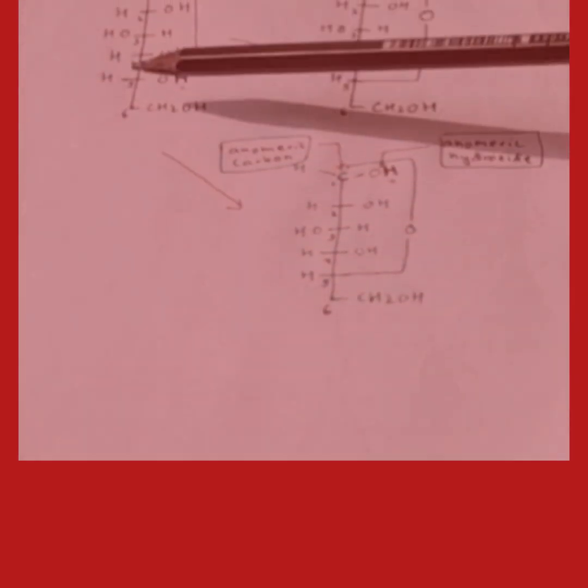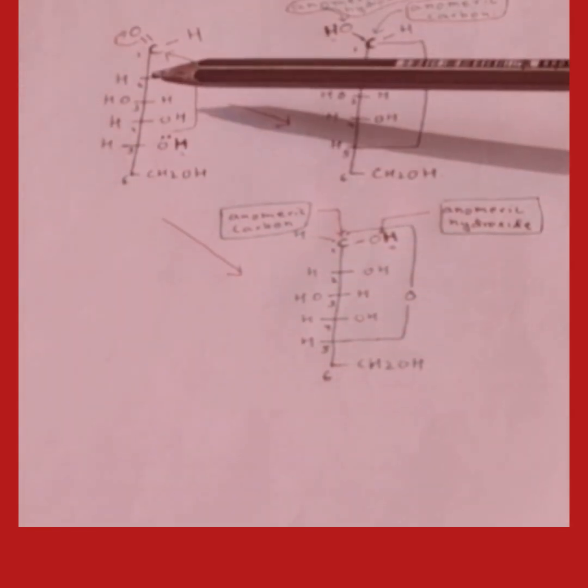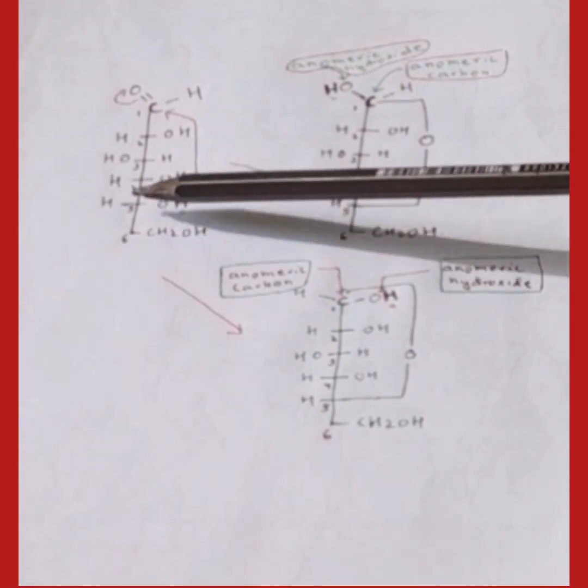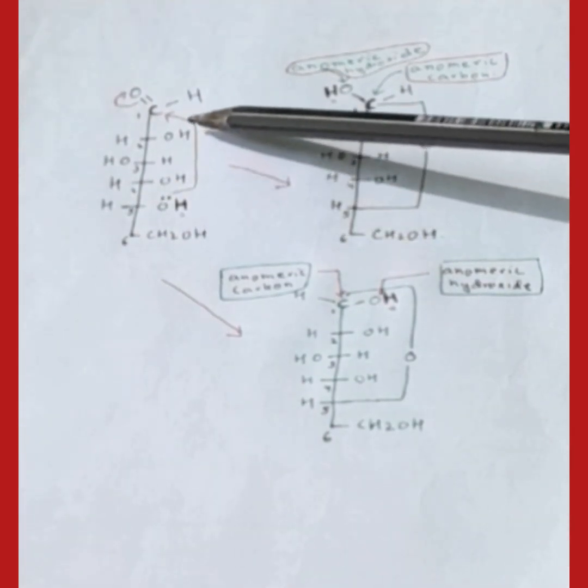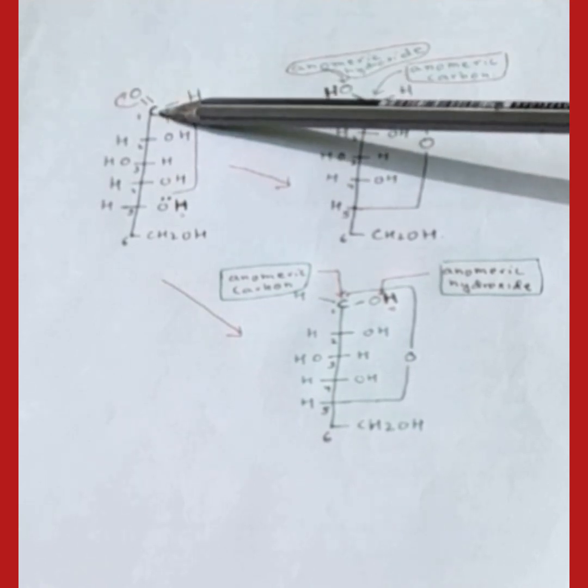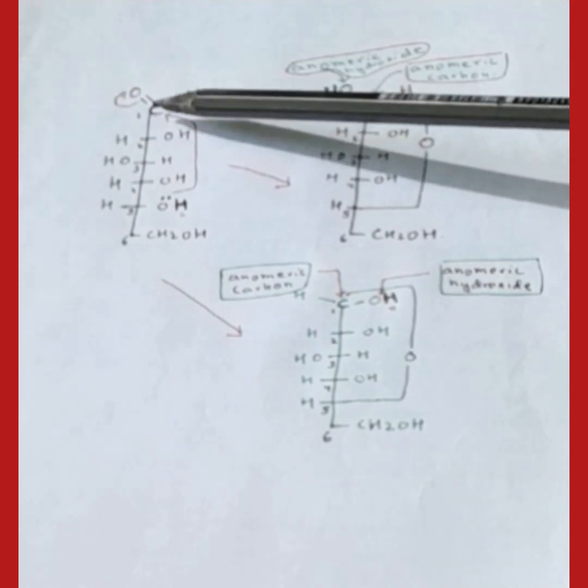Now what happens is, when we observe this glucose, this is an open chain structure, that is Fischer's open chain structure. The hydroxyl OH, which is present on the 5th carbon, does a nucleophilic attack on this carbon of the carbonyl group.